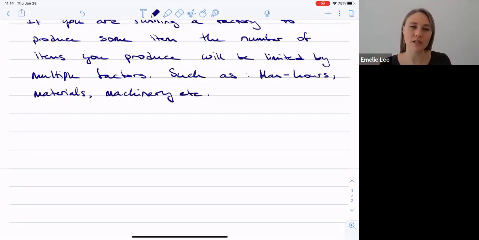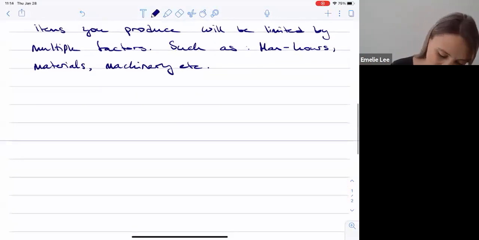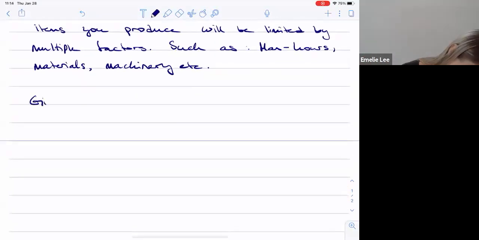So what we do is we want to optimize, and optimization is a fun field in math. We want to optimize how much we produce.